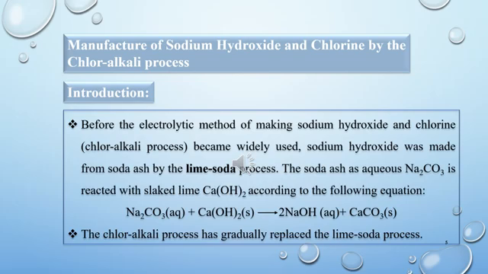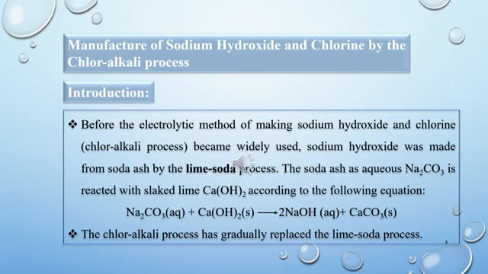Dear students, in this point it is said that before the chlor-alkali process, sodium hydroxide was prepared by the soda ash process, in which sodium hydroxide is prepared from soda ash and slaked lime. In this, we allow sodium carbonate to react with slaked lime and form sodium hydroxide.